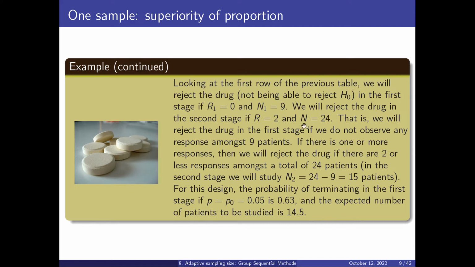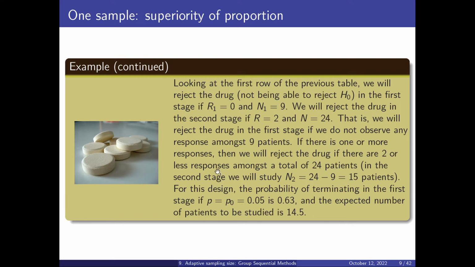If there is one or more responses, so more than R1, then we go to stage 2. Now in stage 2, if there are 2 or fewer responses amongst the total of 24, then you reject your drug. In the second stage, you don't study 24 people, you study 15 people because you already have 9.